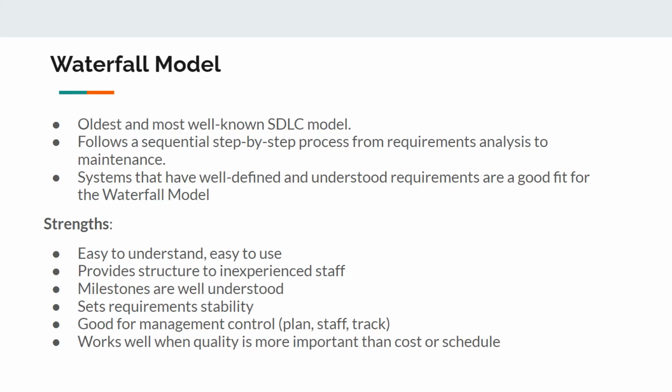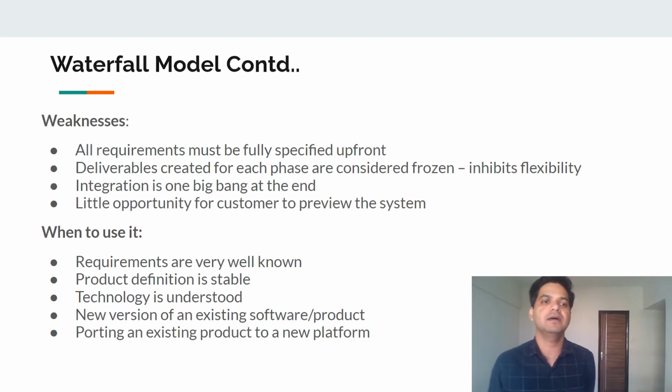Now, moving to weaknesses of the waterfall model. Sometimes it is very difficult to have all the requirements in front of us, but that's the main part of the waterfall model, so this is one weakness. Then all the deliverables get frozen initially, which inhibits flexibility, as we cannot update or change the requirements in between.